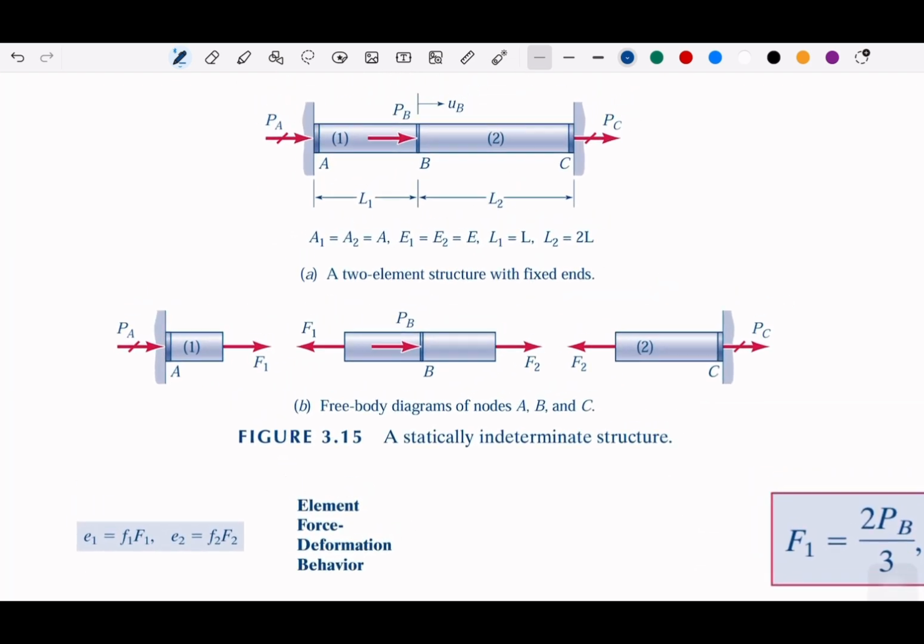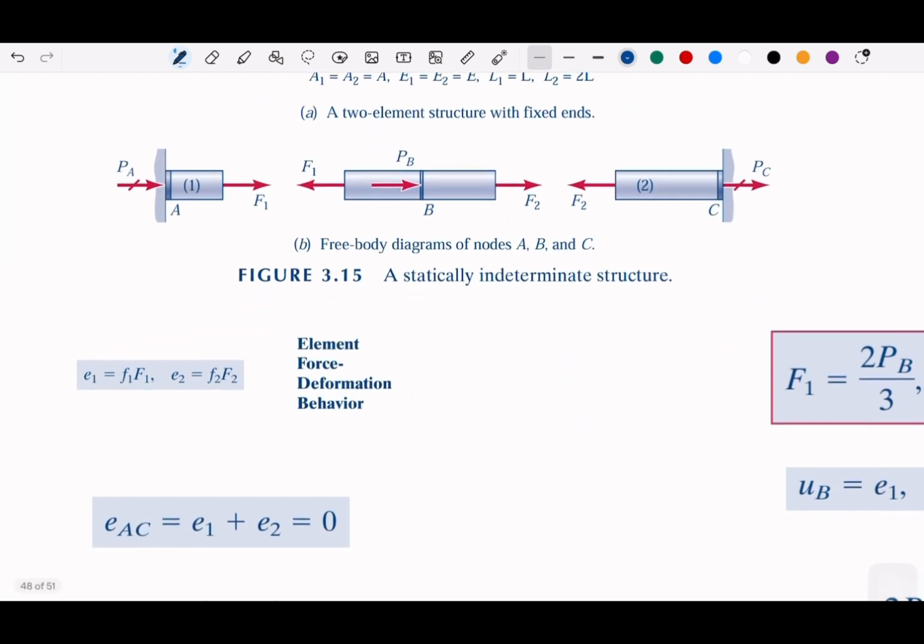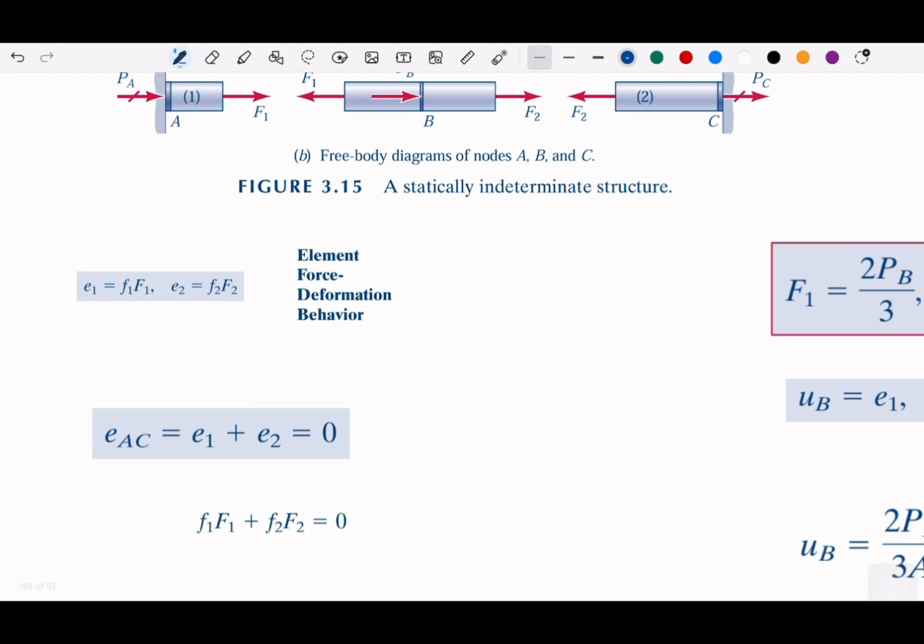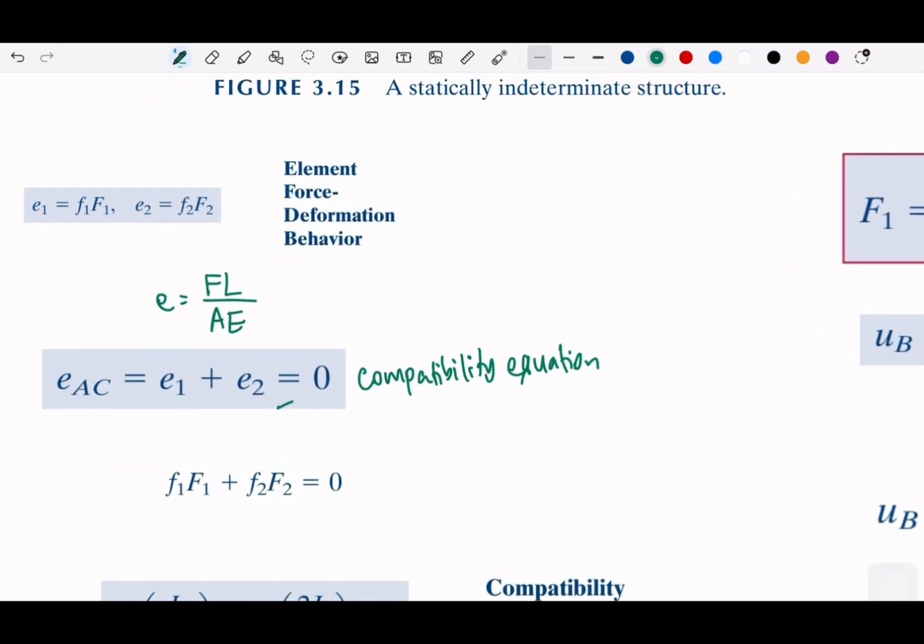So if we try to solve this, since we have this compatibility, we call these equations compatibility equations. And we can simplify this, or actually you could directly write the FL/AE into each one of them. It gives similar results and definitions.